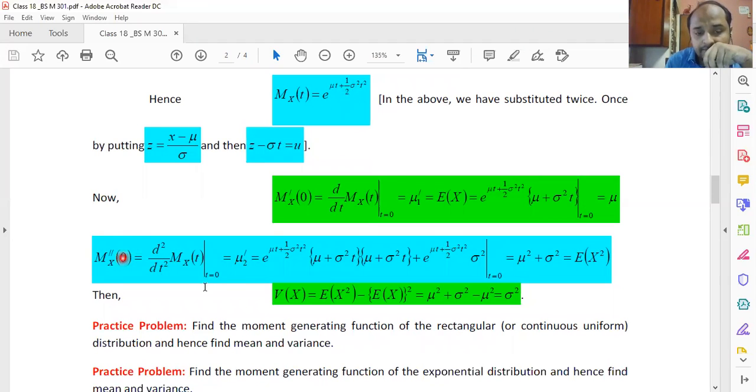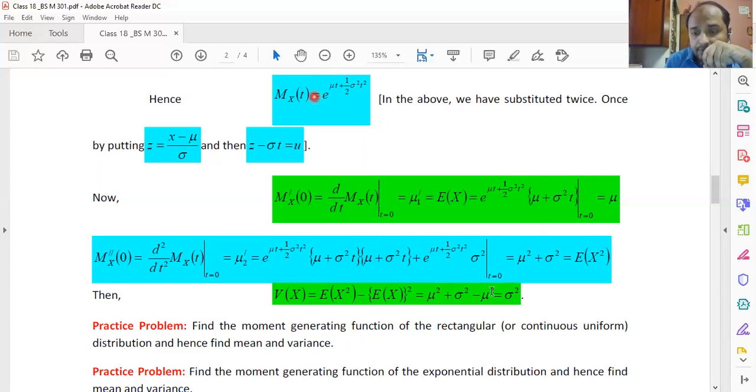Mx double prime at the point t equal to 0 will be Mx double prime 0, double derivative of Mx(t) at t equal to 0, which is the same as mu2 prime, which is nothing but E of x squared. And after taking the derivative of this clumsy expression, we are going to get another clumsy expression like this. Okay, you are supposed to check it by yourself. So we get this as double derivative of the moment generating function of the normal variate.